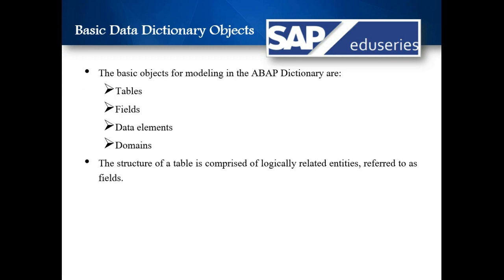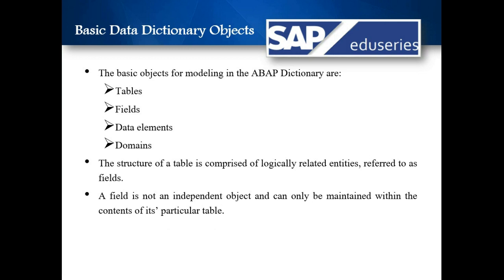The structure of a table is comprised of logically related entities, referred to as fields. A field is not an independent object and can only be maintained within the contents of its particular table. Each field is related to a data element, which in turn is related to a domain.